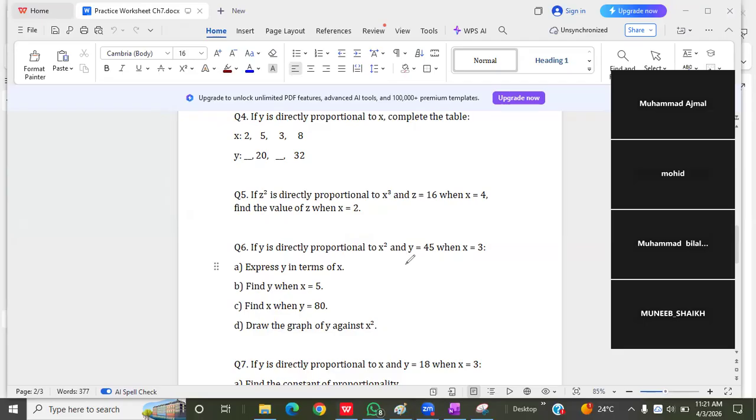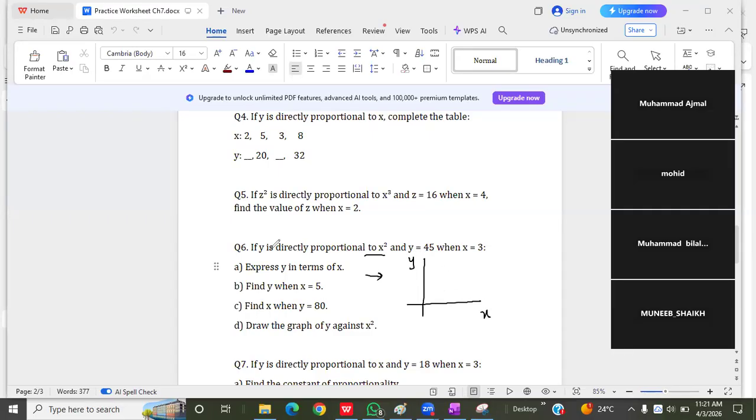The question is that y is directly proportional to x square. This will come on the y-axis. As we draw the graphical axes, when we move from left to right, we have the y-axis here and the x-axis here.